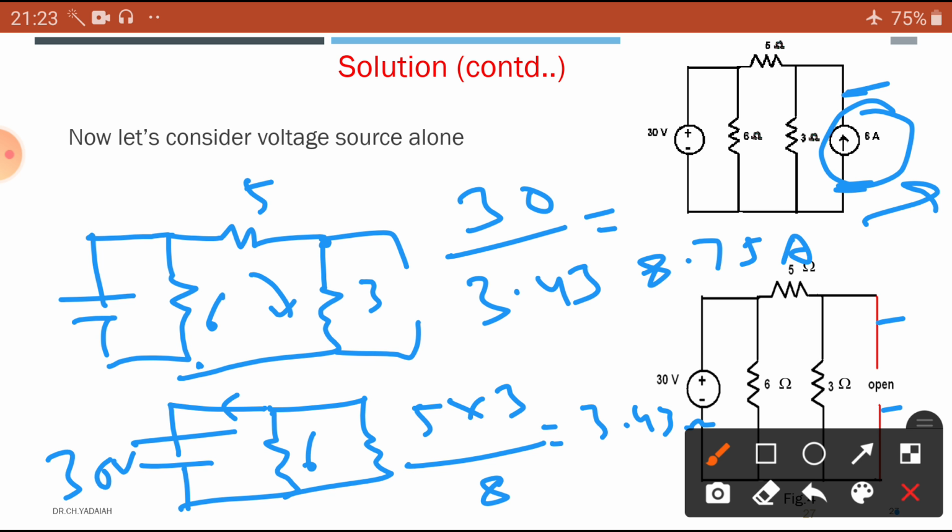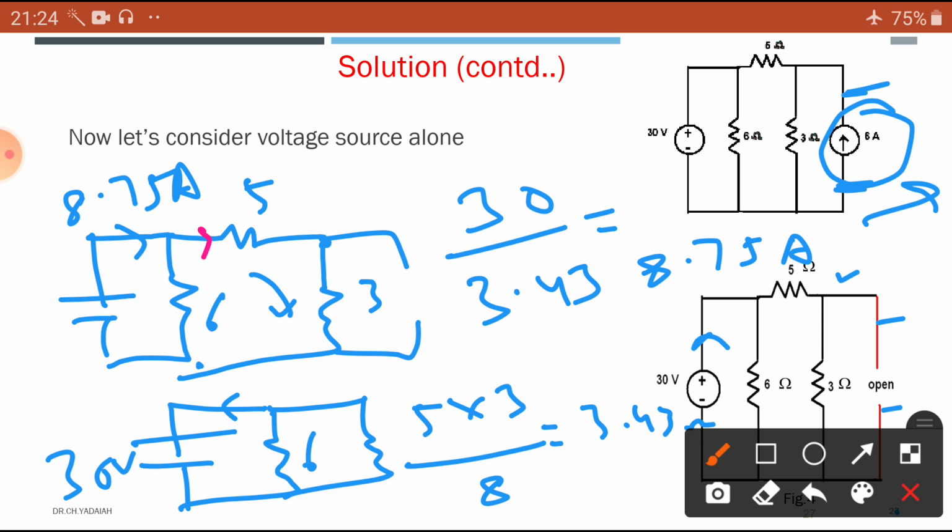From this circuit we are going to get 8.75 amperes. We know that value. Now I want to know what the current is in the circuit. Here I know the current is equal to 8.75 amperes.